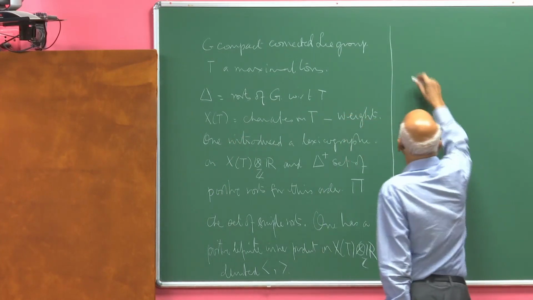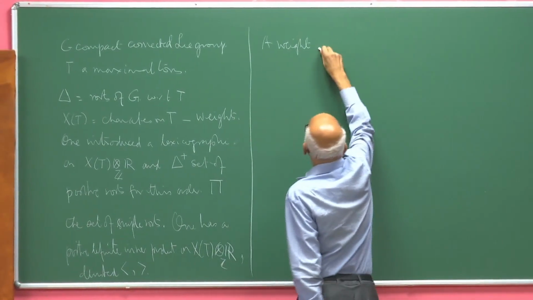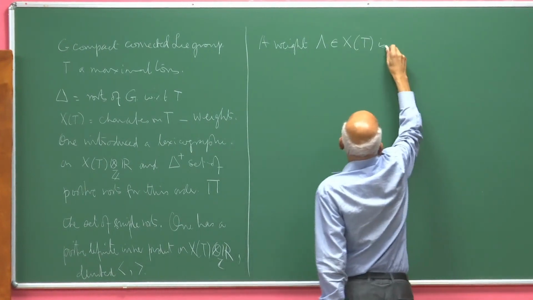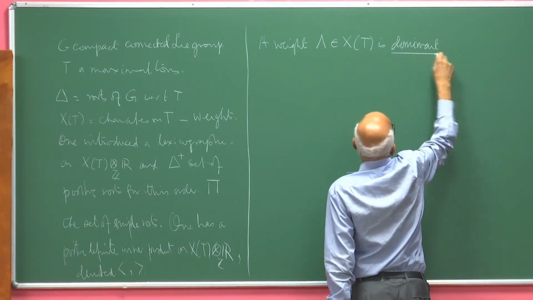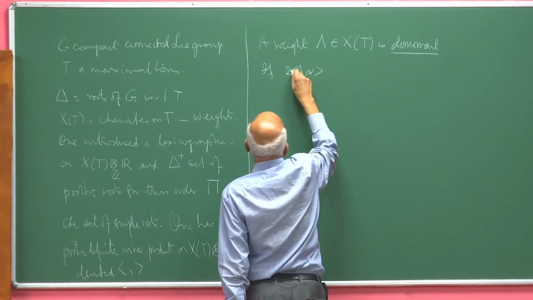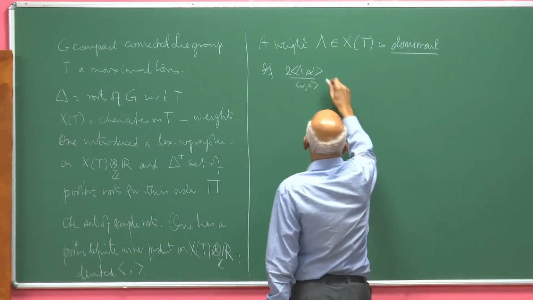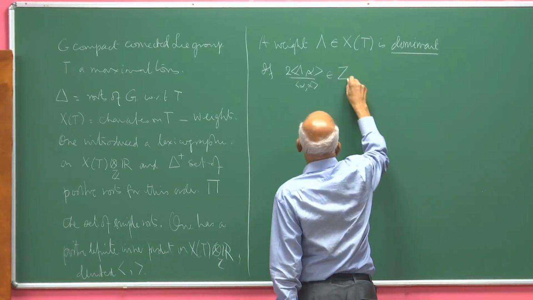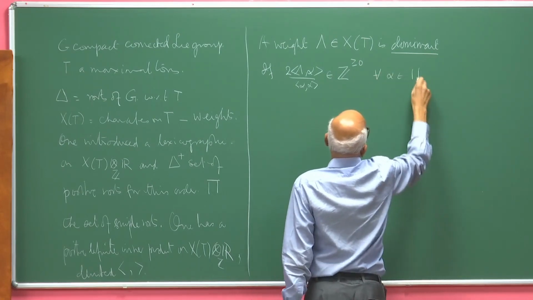And then a weight lambda in X(T) is dominant if 2(lambda, alpha)/(alpha, alpha) is in the non-negative integers for every alpha in pi.